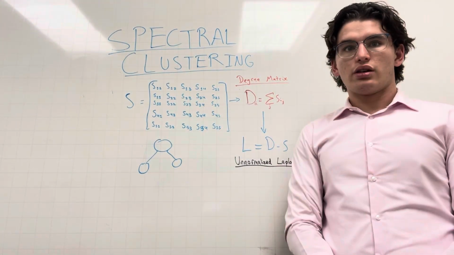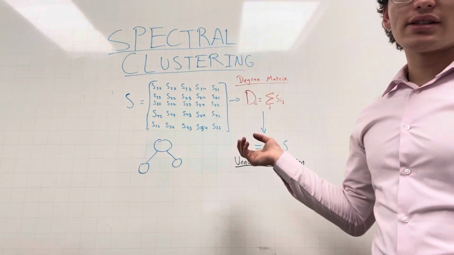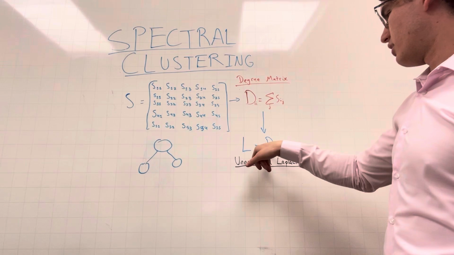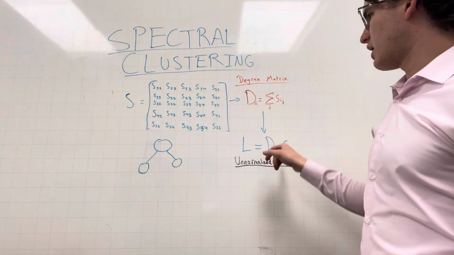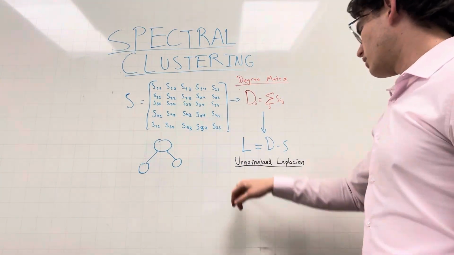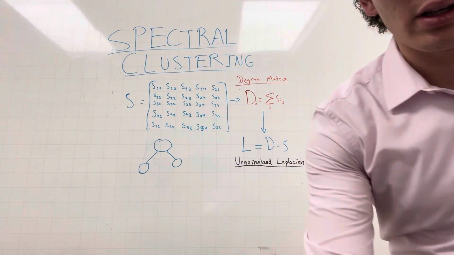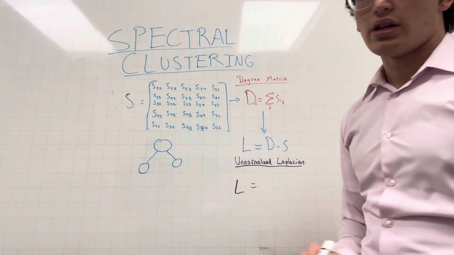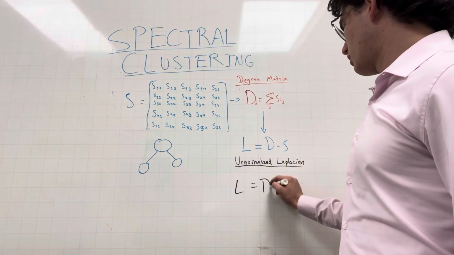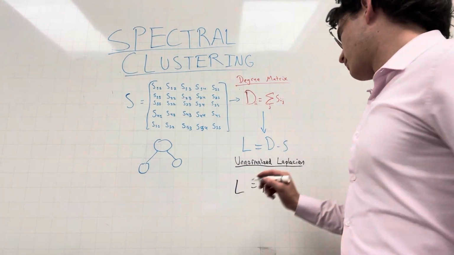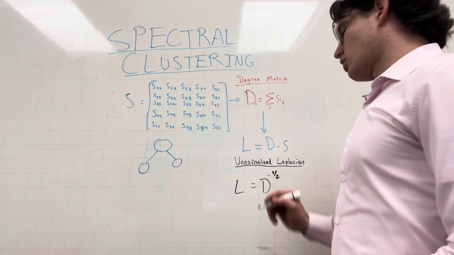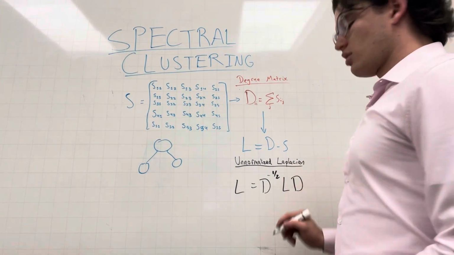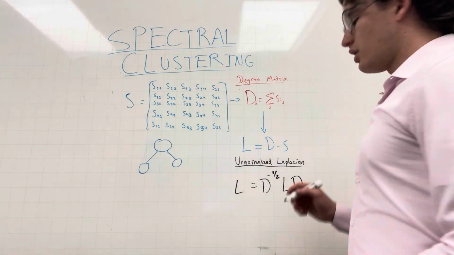So we first calculate the degree matrix, which is diagonal, and then subtract the similarity matrix, which was calculated. This is called the Laplacian. We can also apply the normalized Laplacian, which will be L equals D elevated to minus 1/2 times L times D elevated to minus 1/2.